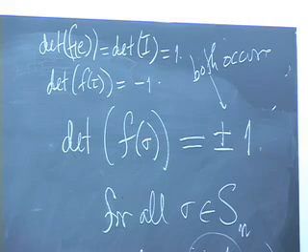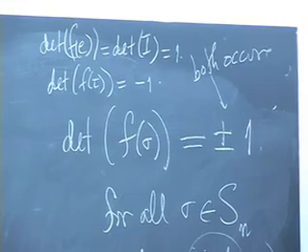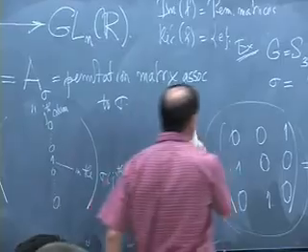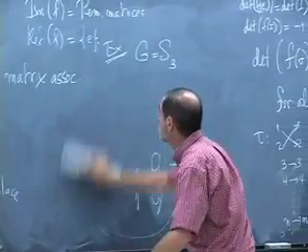So permutation matrices have both determinants, plus 1 and minus 1, which gives us another homomorphism. Namely, if we take this homomorphism and we compose it with this homomorphism, and we're allowed to do that, right? The composition of two homomorphisms is a third. We get a very interesting homomorphism, which looks like this.